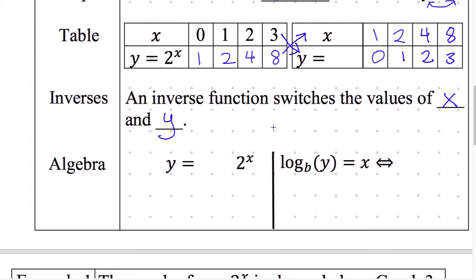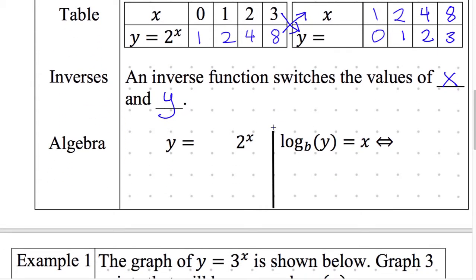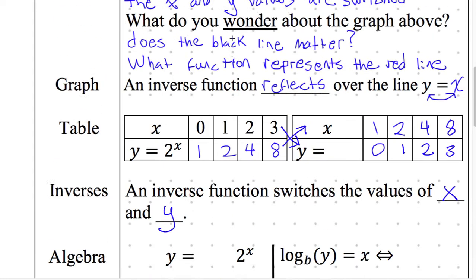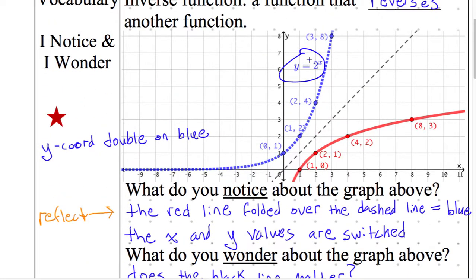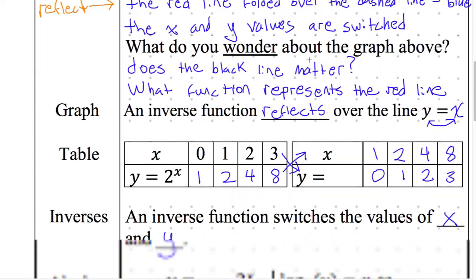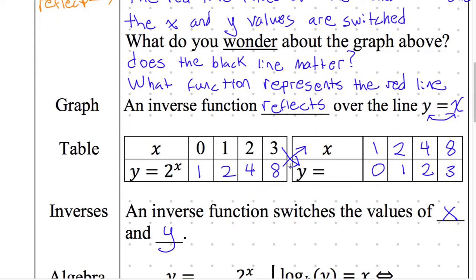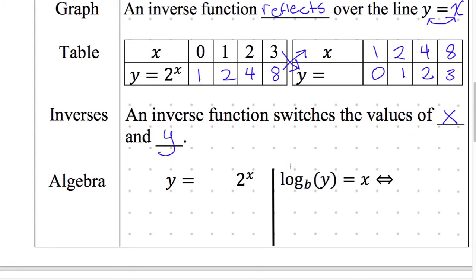All right, and this is trying to connect yesterday's lesson back in. Say I have this function y equals 2x, which is the same function, y equals 2 to the power of x, that multiplies by 2. We went 1, 2, 4, 8, 16, 32, on and on. I'm going to use the definition of an inverse.